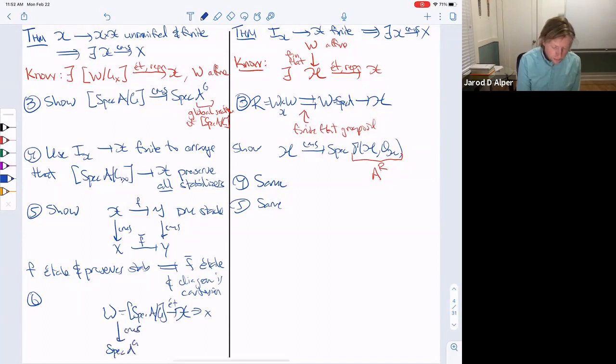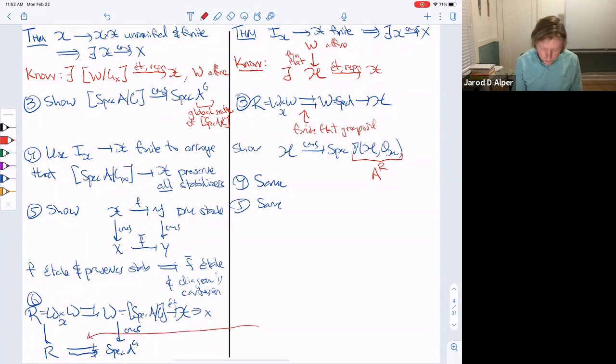And if you take the corresponding groupoid of stacks, then you argue that this has a coarse moduli space, so R. And then you show that this is an étale equivalence relation.